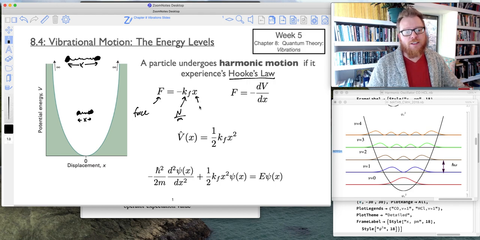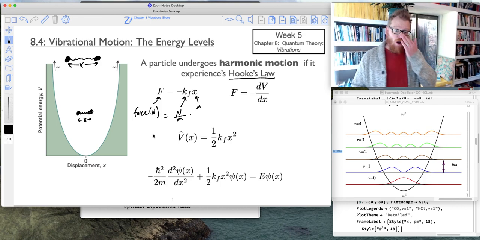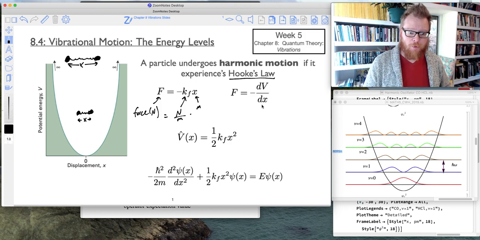Of course, displacement will have units of meters, so that gives us the proper units of force in newtons. We also recall from Newton's laws, force equals negative dV by dx, where that's potential energy versus change in position.